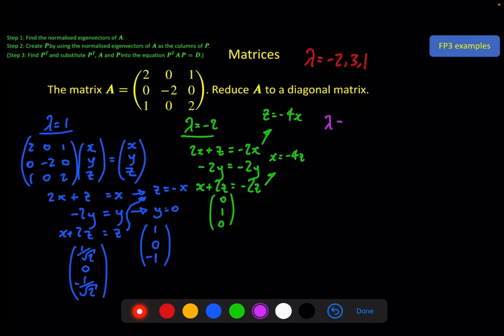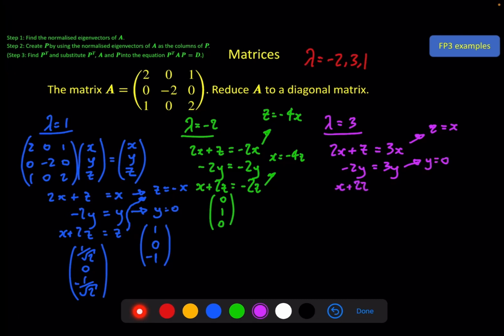Last one. Lambda is equal to 3. 2x plus z must equal 3x. Tells me z must equal x. -2y is equal to 3y. Tells me that y must equal 0.